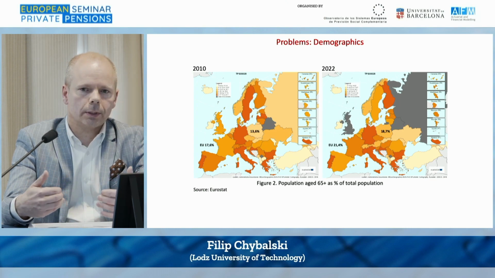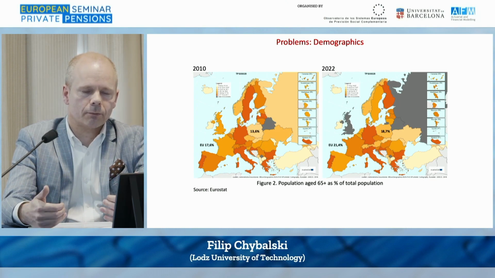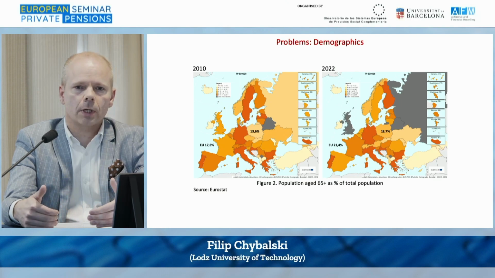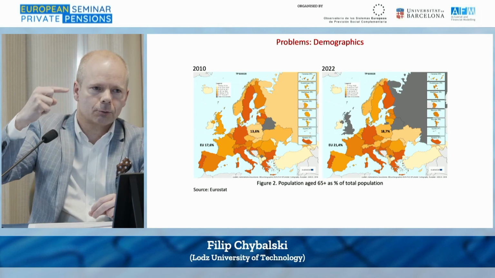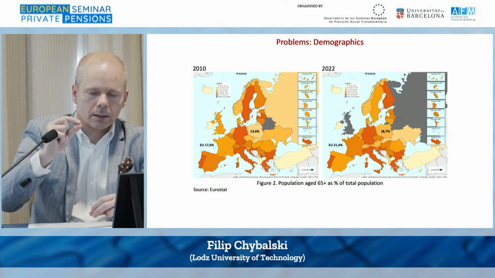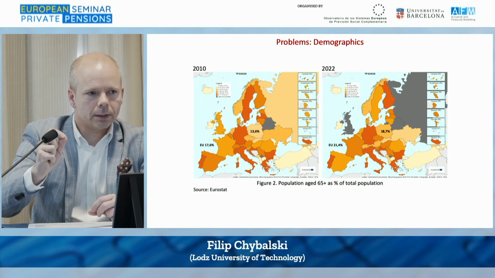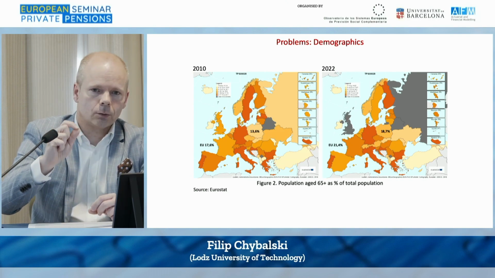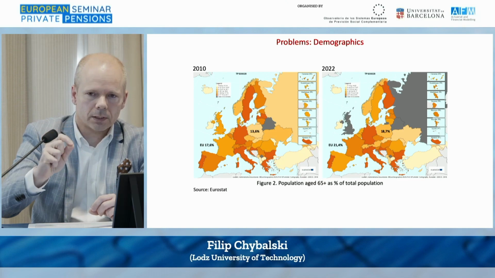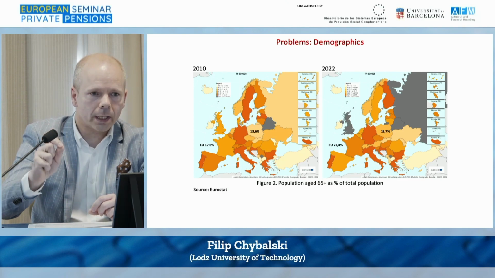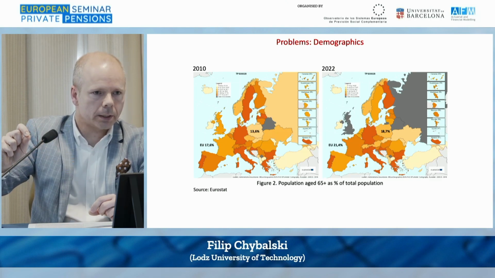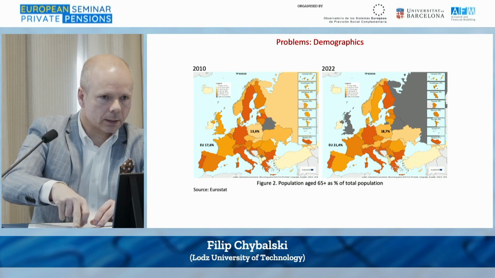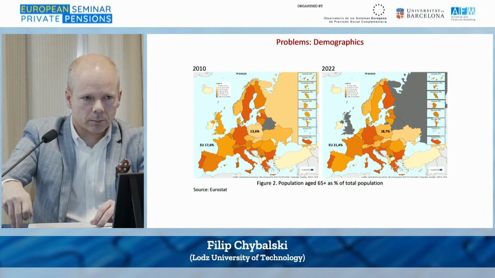So we cannot improve demographics in the short run. However, in the short run, we can increase the statutory retirement age. So if we today discuss fertility, even if it were possible to increase fertility quickly, it would give benefits to a pension system in 20 years, when these children entered the labor market.